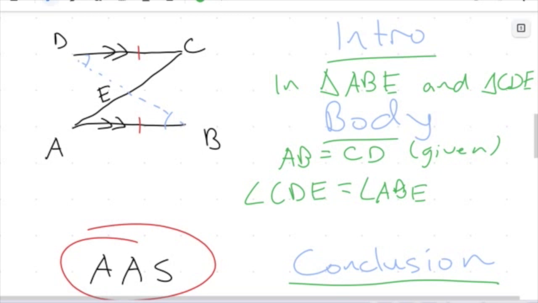Now in my brackets, I want to give a justification, right? I want to support my argument. I can't just pick things off and go, oh yeah, that's equal because it looks equal. I want to give an actual reason. Now we know the reason, and this is because these are alternate angles in parallel lines.